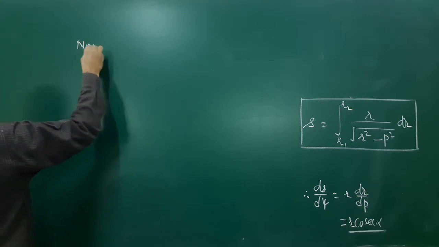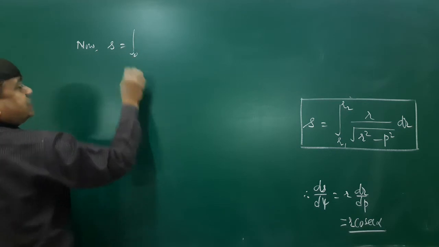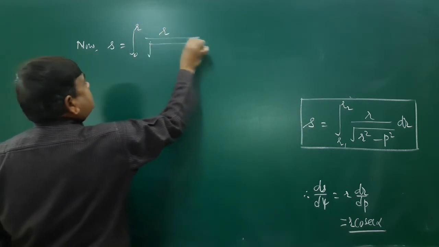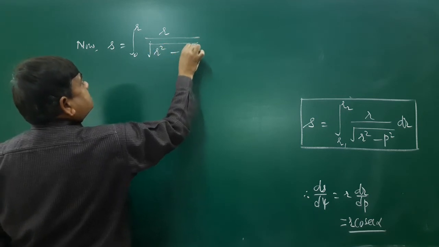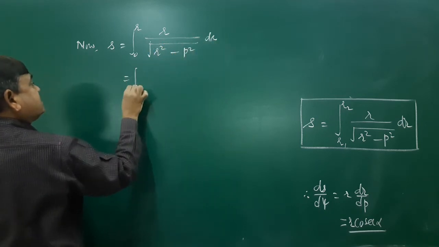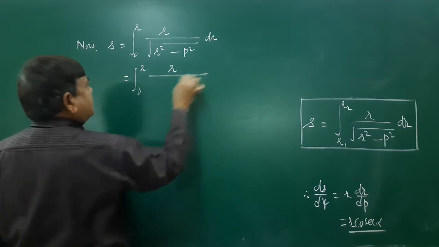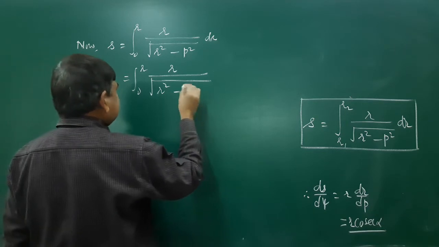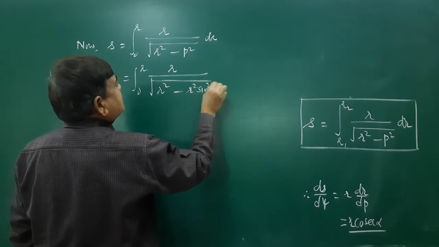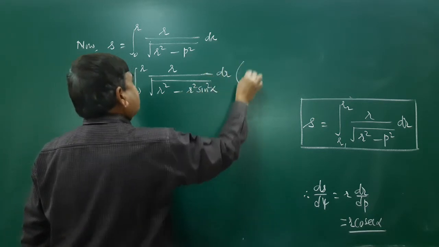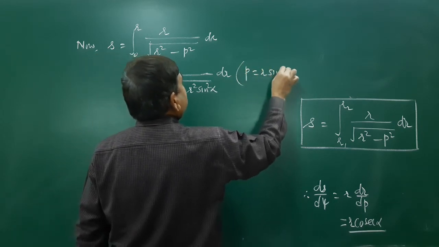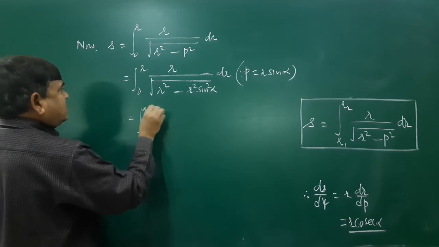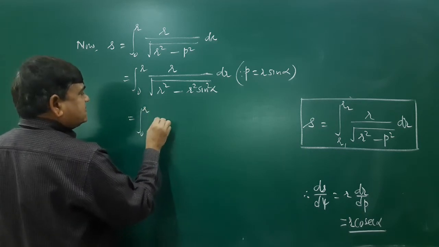Now s equals the integral from 0 to r of r upon under root of r square minus p square dr, that is under root of r square minus r square sin square alpha, because p equals r sin alpha.